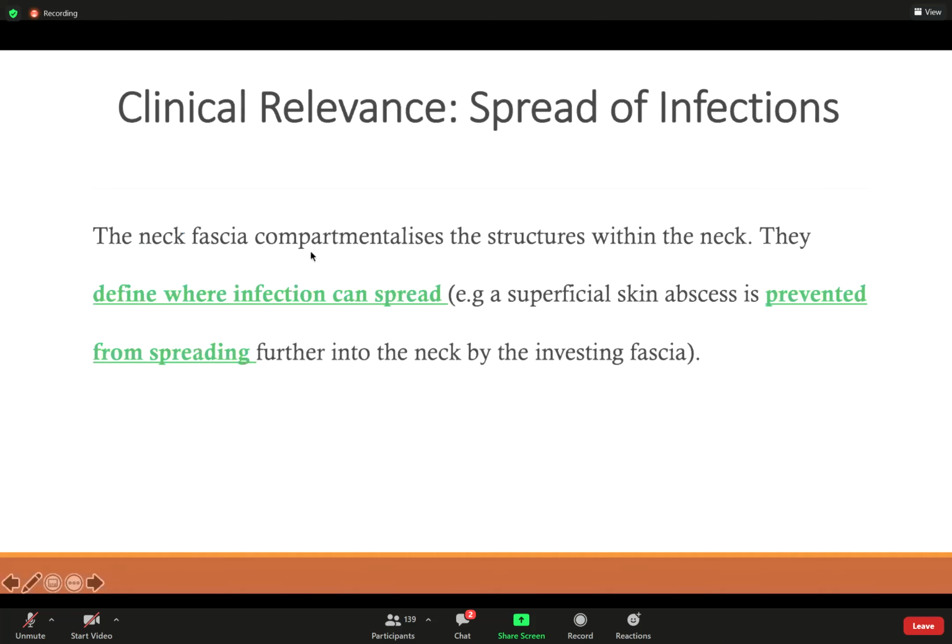So as I said, the clinical relevance of these fascia is that they limit the spread of infection. If somebody has an abscess in the skin, and we all sometimes have an infection superficial to the skin, a wound or a cut, whatever kind of infection in the skin, it is prevented from going deeper by these fascia.